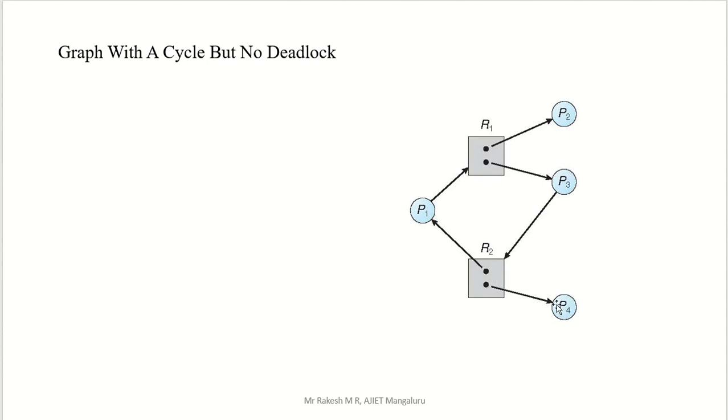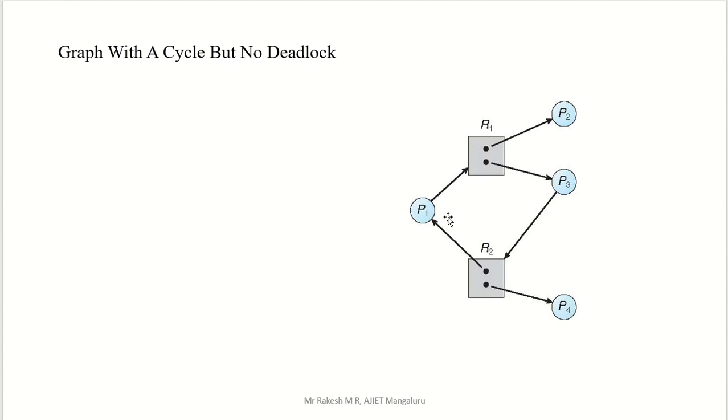Once P4 is completed, we can allocate the second instance to P3, so P3 also completes. Once P3 completes, P2 we can easily complete because there is a separate instance given to P2. These 3 processes complete, and P1 we can easily complete. So here there is no deadlock.